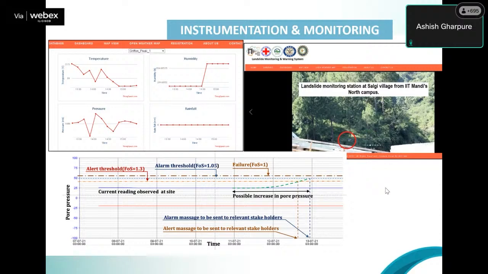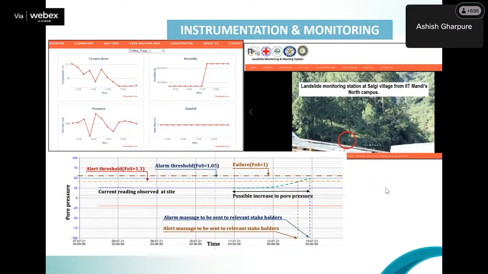When we do the slope design, we know the factor of safety if the water rises. Say at present water condition, my factor of safety is 1.5. If the water starts rising, the phreatic line starts rising in the hilly terrain, then my factor of safety would dip. A single parameter alone is sufficient to dip my factor of safety.